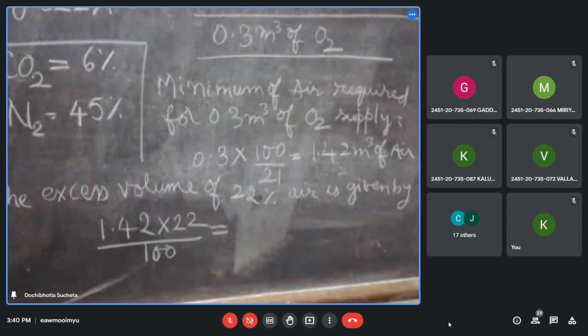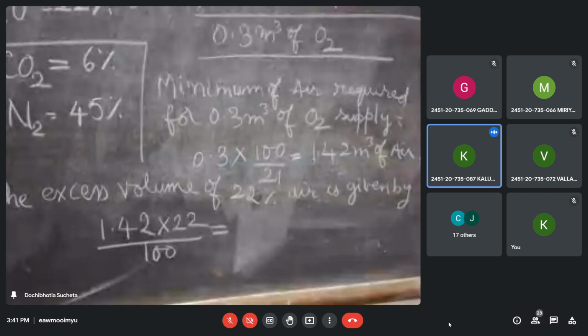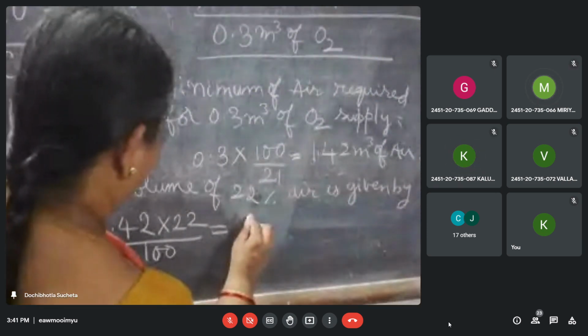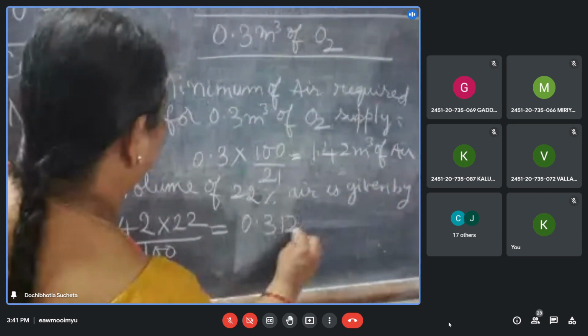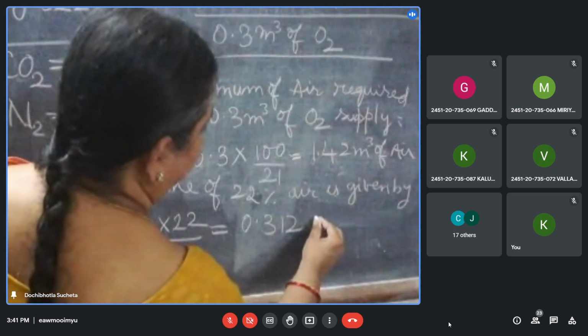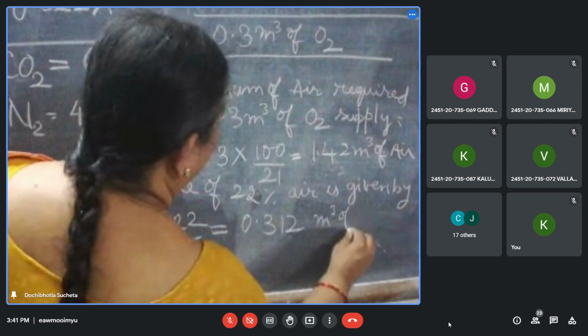That is going to be the answer. How much? 0.312 meter cube of air.